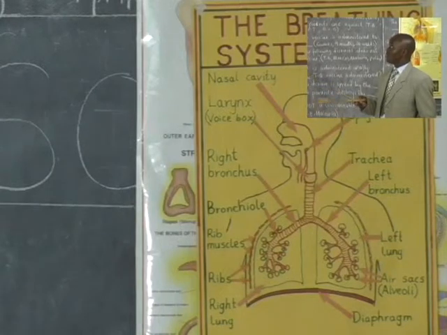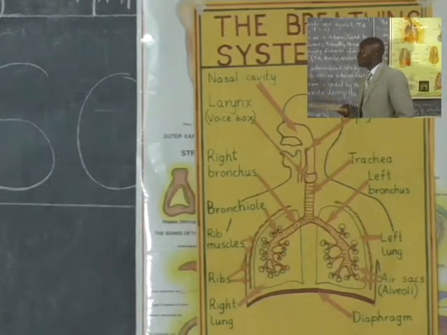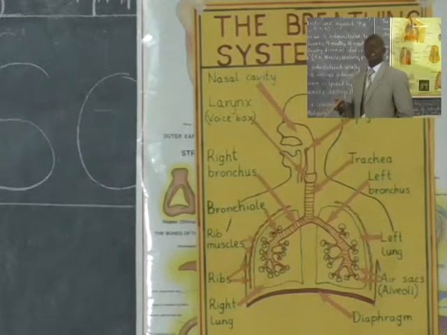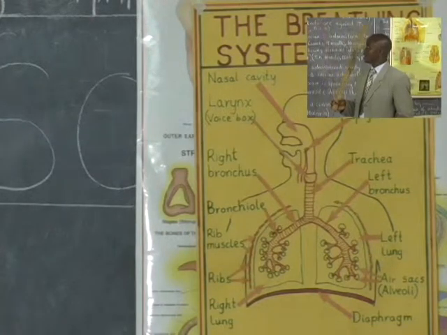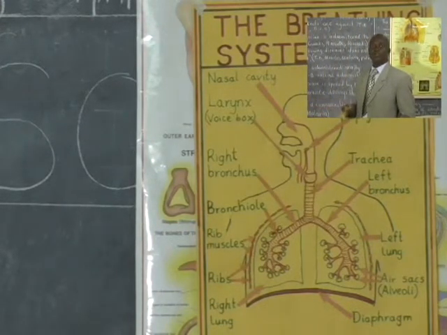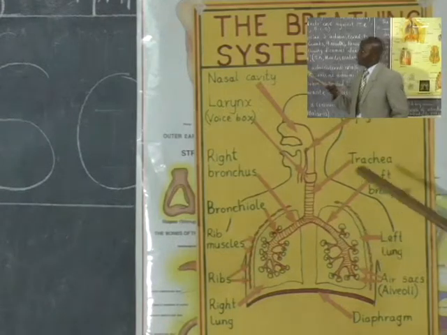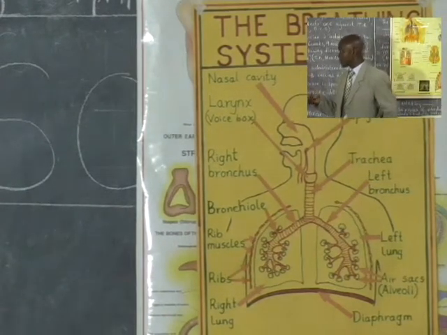We also talked about the digestive system, whereby we discussed how food is taken into the body, broken into particles that the body can use for metabolic processes, as we discussed. Today, however, we are going to talk about the breathing system and what it entails.